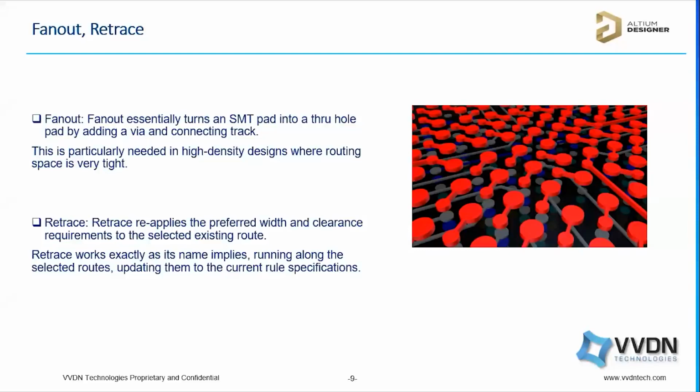In this situation, the rule updates are applied only to those route segments that do not create a violation. Retrace reapplies the preferred width and clearance requirements to an existing route. And using Retrace, you can easily decrease or increase the routed width of a selected set of nets by setting new constraints.